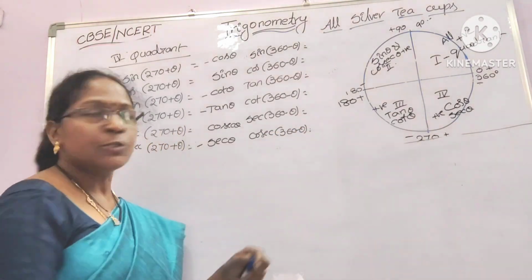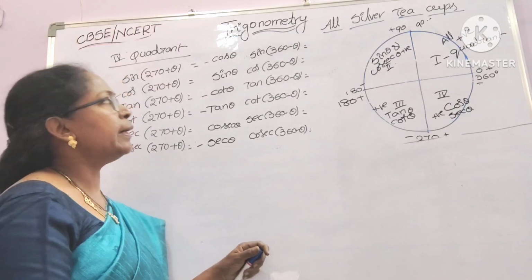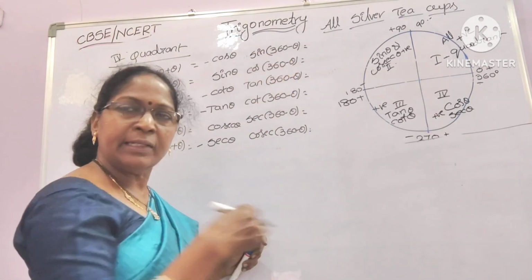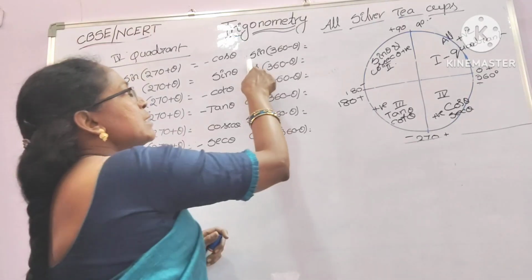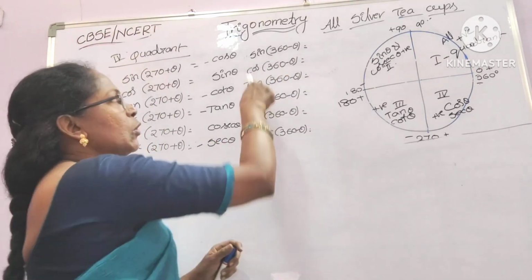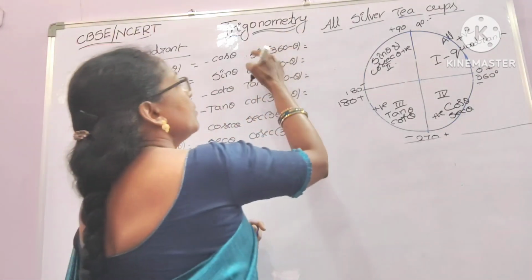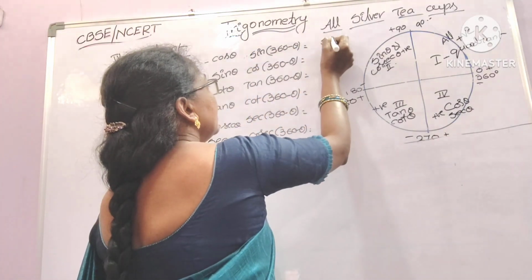First you write. So 360 minus theta comes under the fourth quadrant. Whenever 180 or 360 is there, sine becomes sine only, it won't change. The same trigonometric function you will get: cos means cos, tan means tan, cot means cot, like that. So first you write down sine theta.